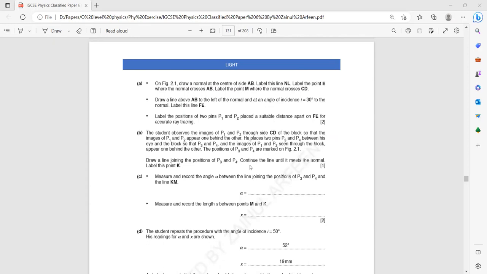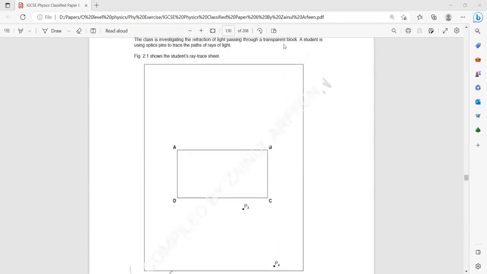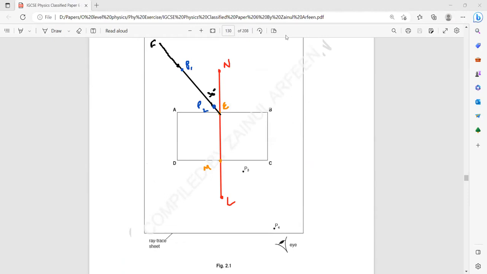Draw a line joining P3 and P4 and continue it until it meets the normal, and label that as K. So we have to draw a line joining P3 and P4, like this, and continue this line until it meets the normal. You have to follow the instructions. Until it meets the normal, you label that point as K. So join the positions P3 and P4 by a line, and the position where it intersects the normal, we label as K.